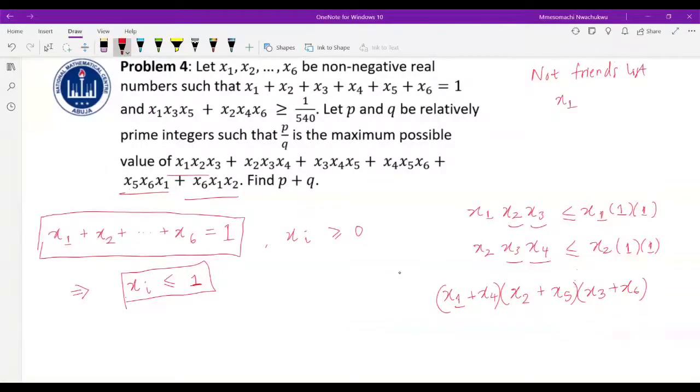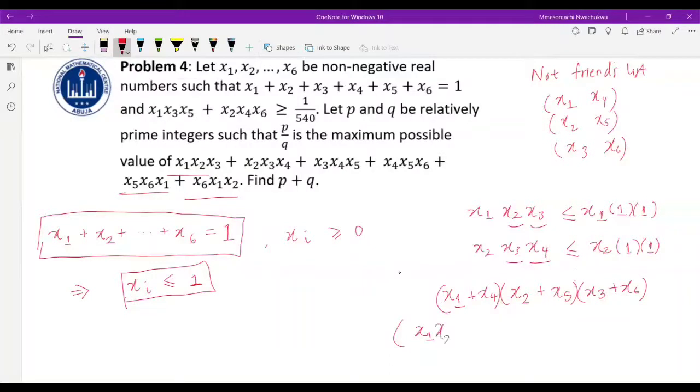So I have x1 plus x4, x2 plus x5, and x3 plus x6. When we multiply this out, what comes out? Let's multiply the first two brackets first.